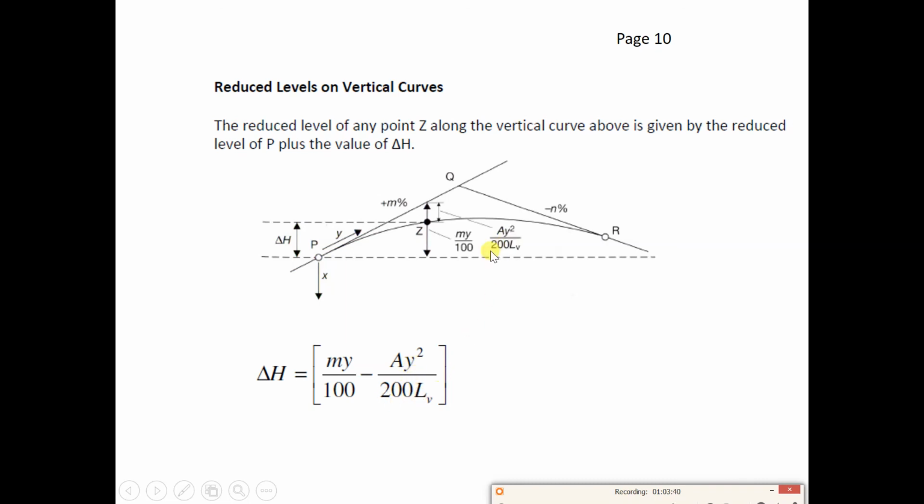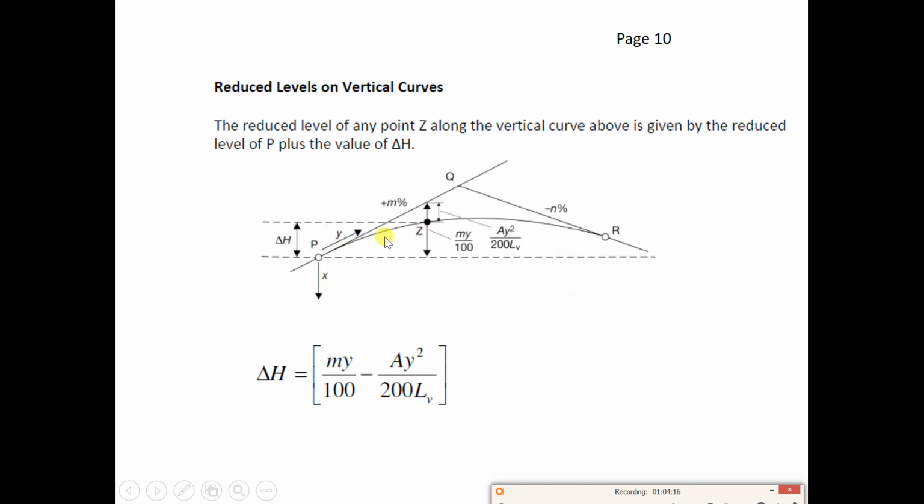So remember that we're going to just use m, all the way up to the end, the changes should be from here until this point here. The point of interest is from P to R. So we have to find the changes between this point and this point, and find the components of my divided by 100 and this term here as well, along all the different chainages.